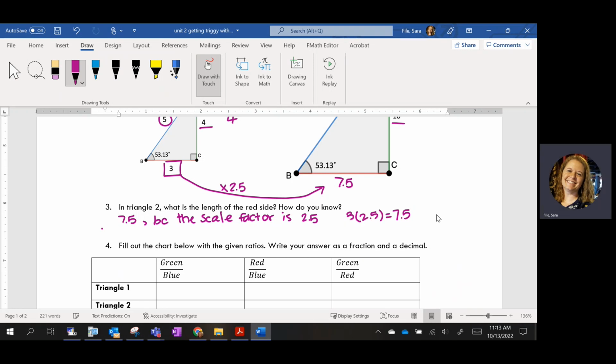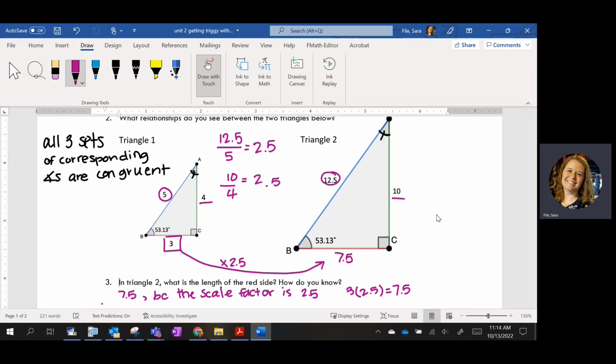Now I'm going to scroll back up here. What does that mean? If all of the angles are congruent and there's a common scale factor between the sides, what's a word to describe those two triangles? Can y'all think of a word that means that?